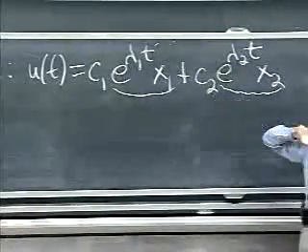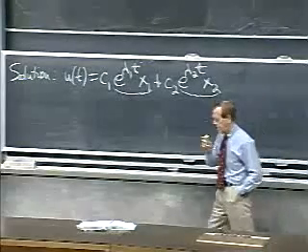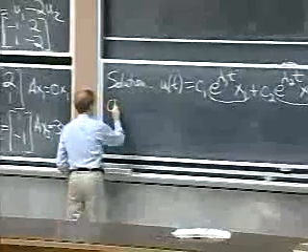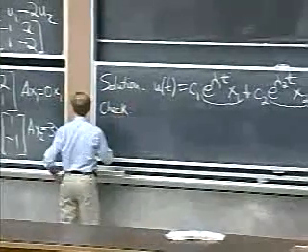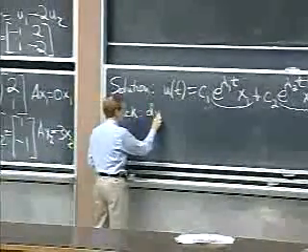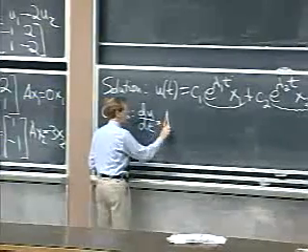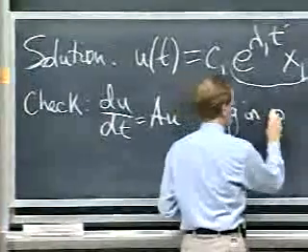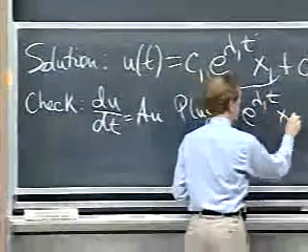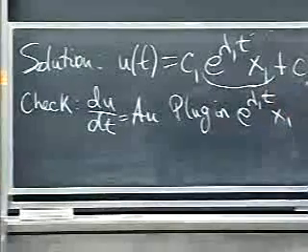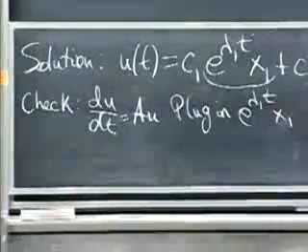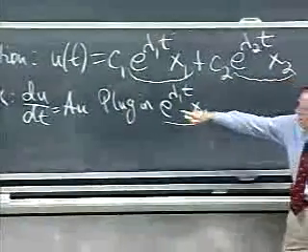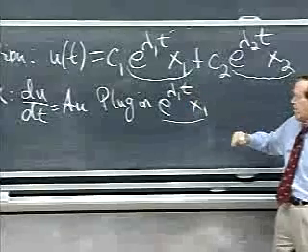Can I just see that those guys do solve the equation? So let me just check on this one, for example. Check. I want to check my equation, let's remember the equation, du/dt is Au. I plug in e to the lambda 1 t x1, and let's just see that the equation's okay. I believe this is a solution to that equation. So just plug it in. On the left-hand side, I take the time derivative.